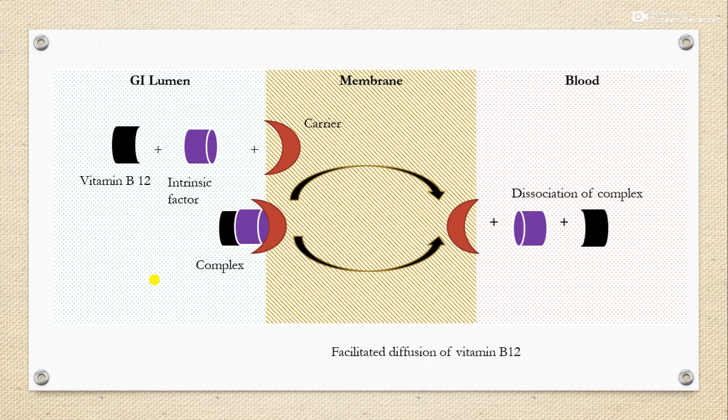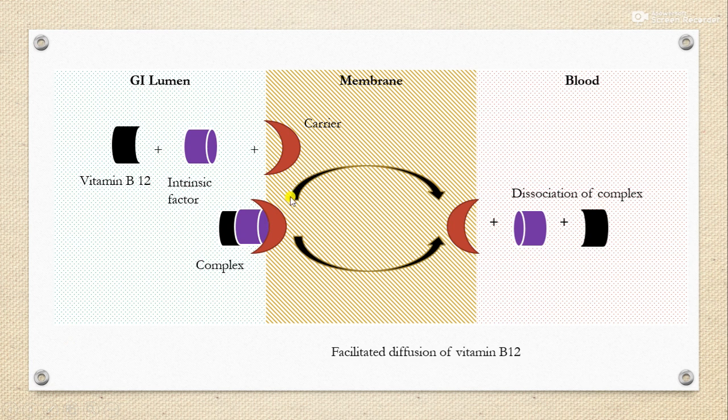So here in this diagram, you can see vitamin B12, an intrinsic factor and the carrier. Vitamin B12 will bind to the intrinsic factor because of its affinity, and this intrinsic factor vitamin B12 complex will bind to the carrier.